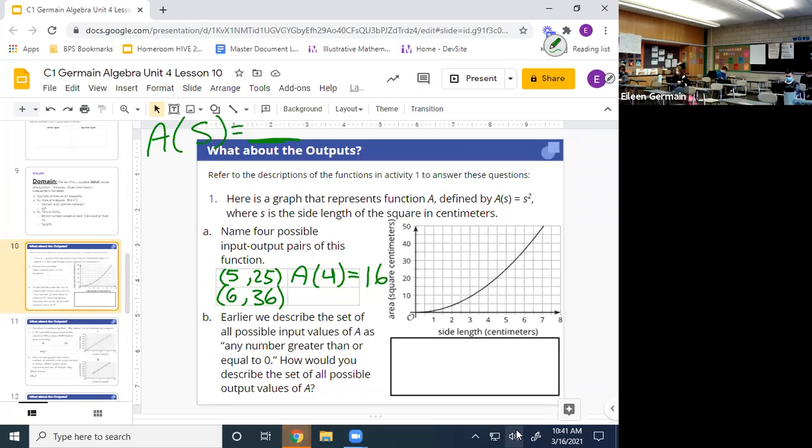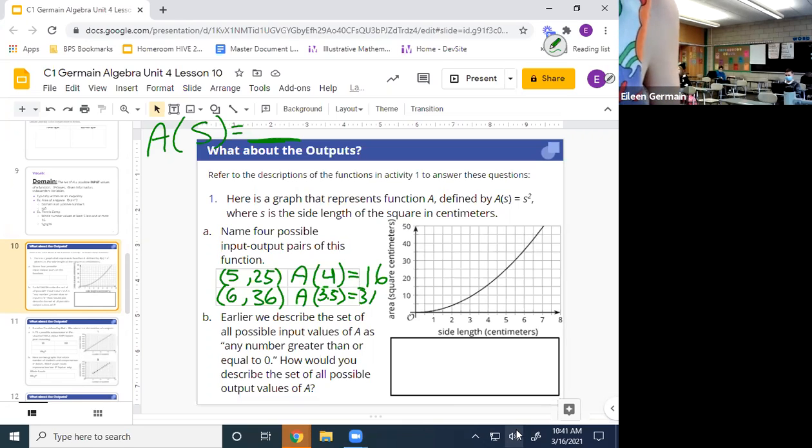Who can help me with another ordered pair written in function notation? A of what is equal to what? Use one of your ordered pairs and convert it into function notation. Max: A of 5.5 equals 31. And how did you get that 31?